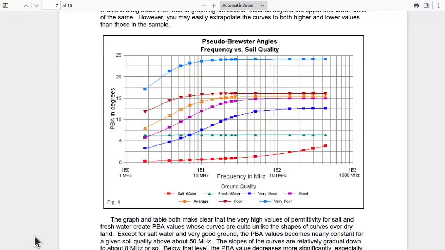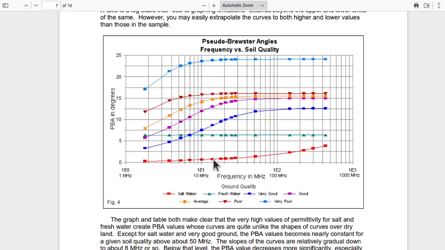So reconsidering the pseudo-Brewster angles and soil quality, here's the Brewster angle for salt water. We can see that it's not perfect, but it's nearly perfect. If we could get a takeoff angle of less than 5 degrees, and that's this point, which if you look at this is the freshwater Brewster angle of about 7 degrees.